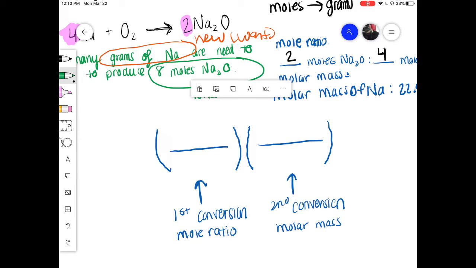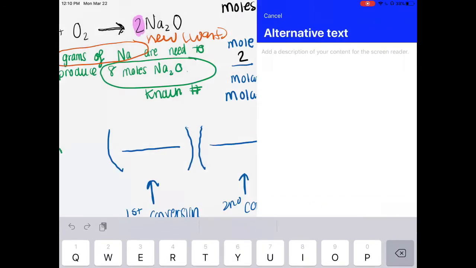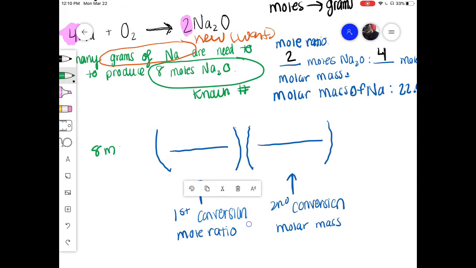And we're going to make sure that we not only write moles, but which molecule it goes with, because we're going from one molecule to the other. We really want to keep track of what we have. So we can't get from one molecule to another without using our mole ratio.